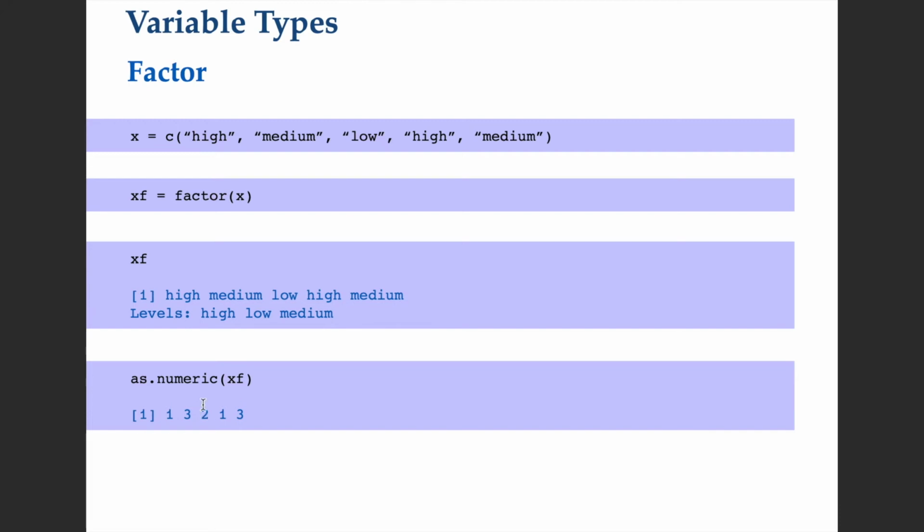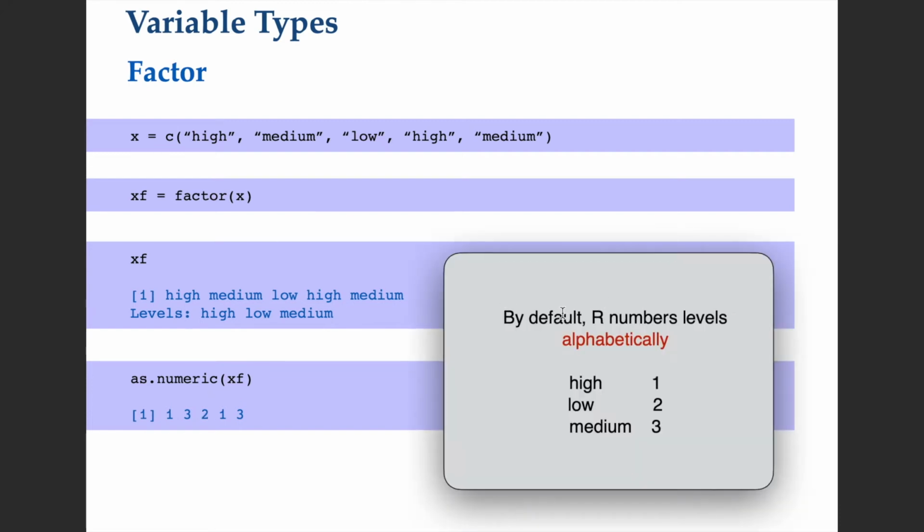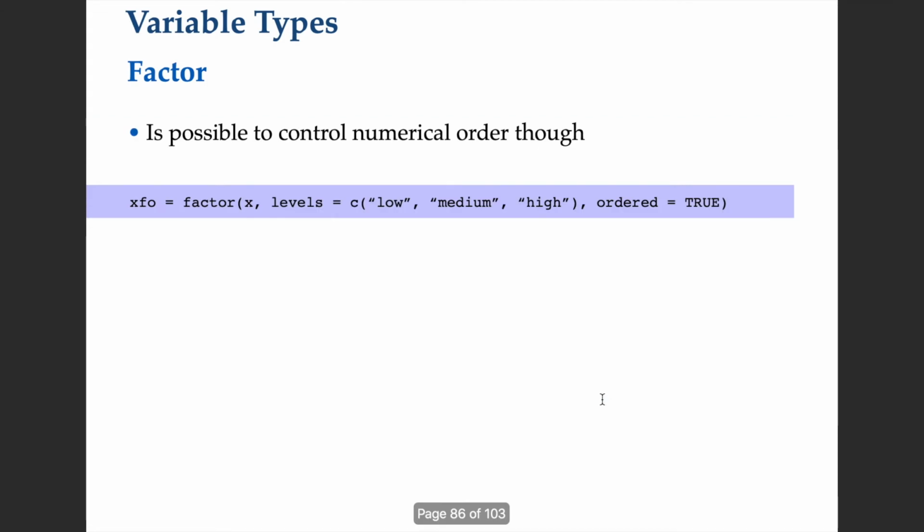So that might not make sense, but this is what R does by default. By default, R numbers levels in factors alphabetically. So that means high would be 1, low would be 2, and medium would be 3. And you can see in this case that's not very intuitive, right? You'd think that high, medium, and low should be sequential here, right? But R has done this alphabetically. But you can specify the order if you want to.